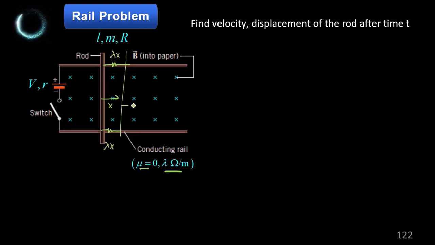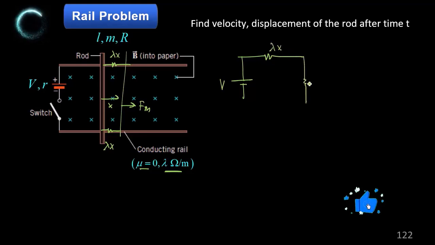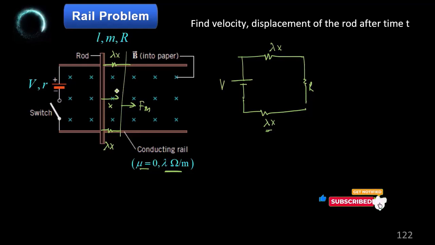Again the force is BIL force, Fm is there, but now the circuit is different. If I close the circuit, potential difference V, one resistance is lambda x, another resistance is capital R, another resistance is lambda x. What is this lambda x part? Lambda x is the extra resistance that has been added due to the movement of the rod along the rail.